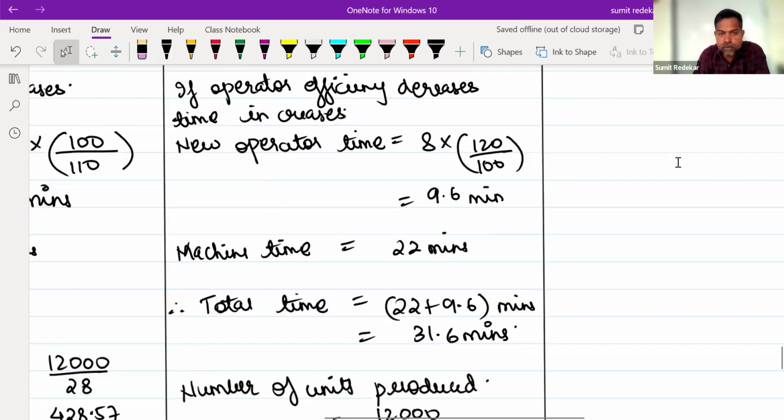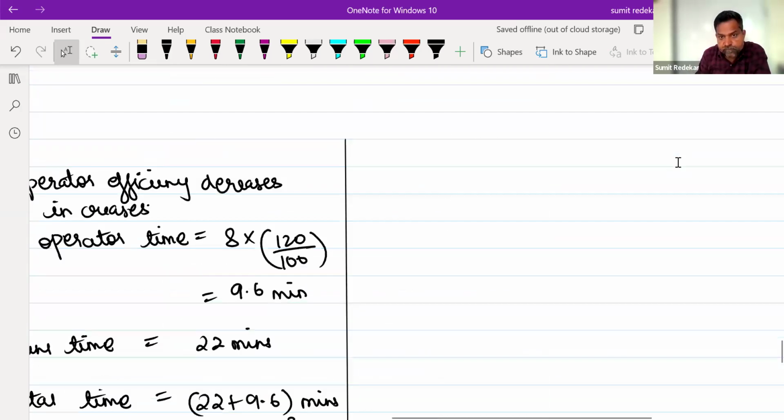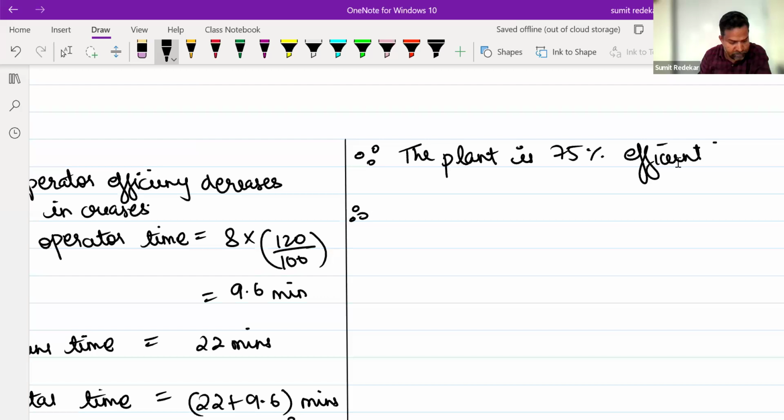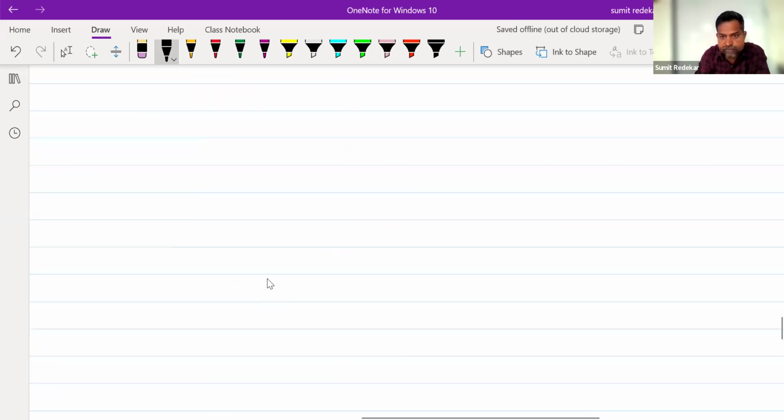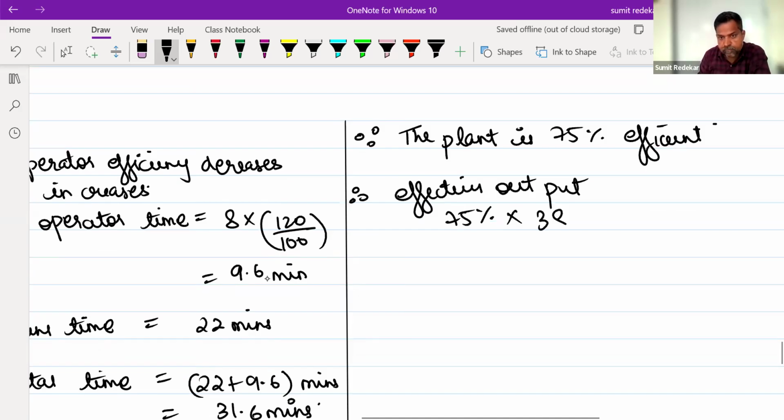Done? But we are again going to say since the plant is 75% efficient, therefore, effective output is 75% of the 380, which is 285 units.